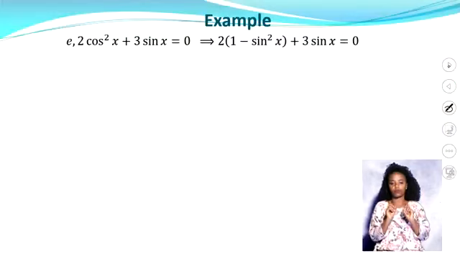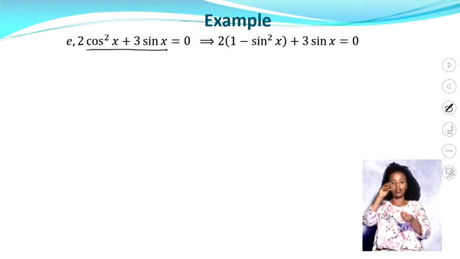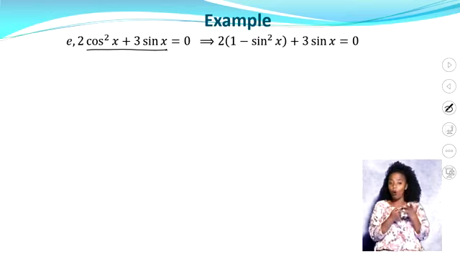Okay, next we are asked to solve this one: 2 cos squared x plus 3 sin x equals 0. To solve this, we use a trigonometric identity.